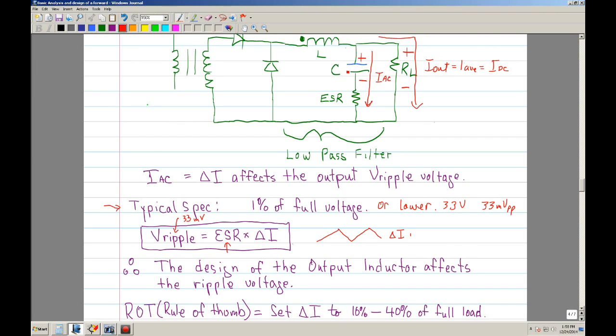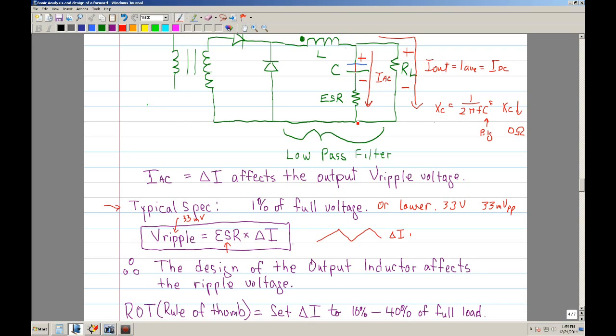In other words, XC is 1 over 2 pi F C. We assume that C is going to be very big, which means that XC is going to be small, and basically you want it at 0 ohms. So for analysis and design purposes, we can think of this capacitor as a short.